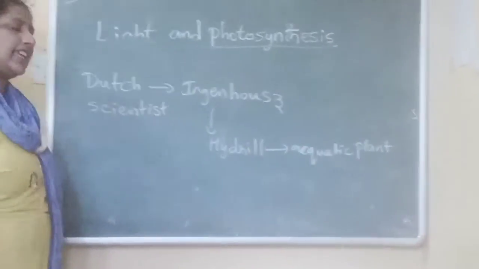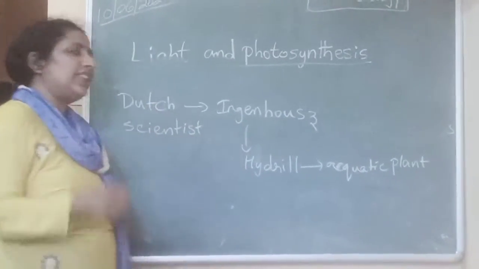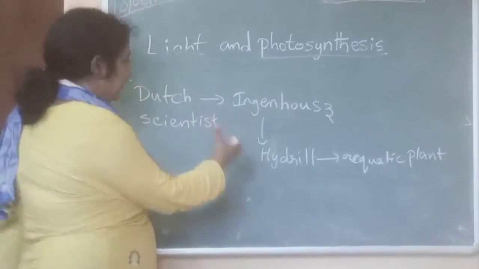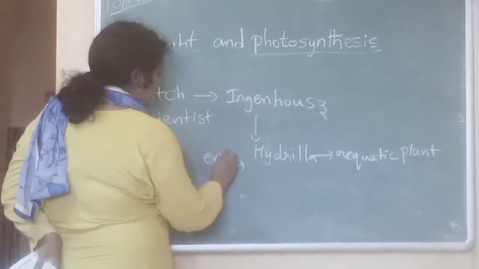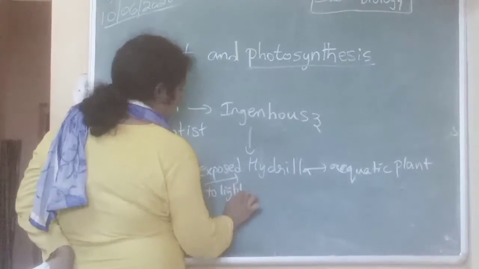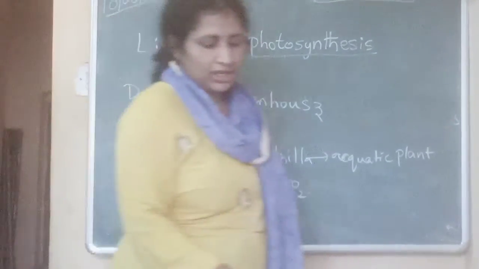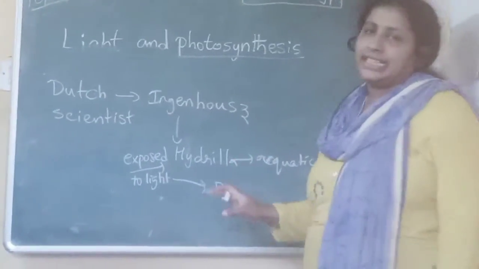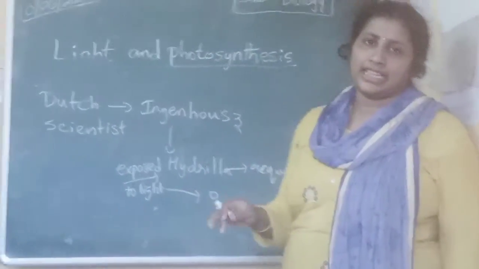He observed that when this Hydrilla plant was exposed to light, it released oxygen. So Ingenhousz said that plants get energy from light. That light is nothing but sunlight.